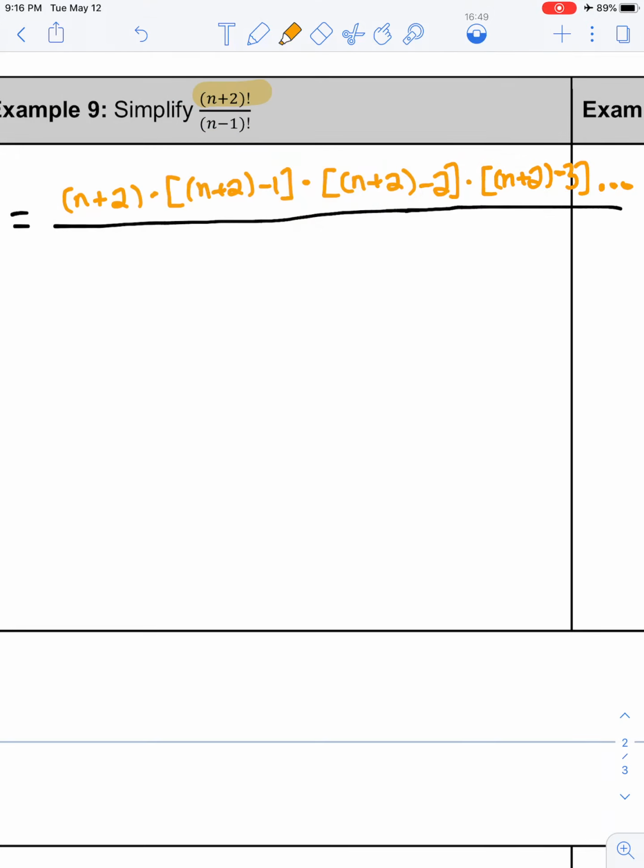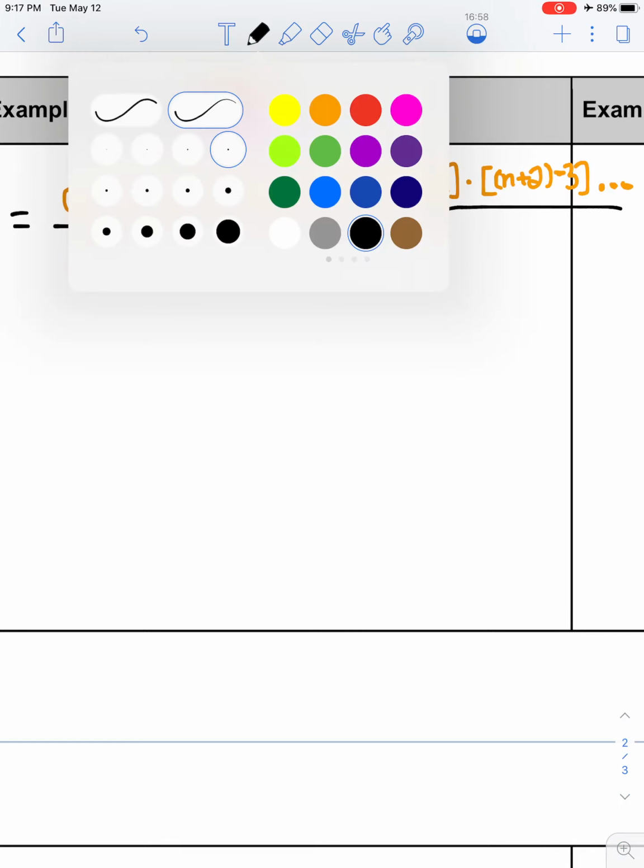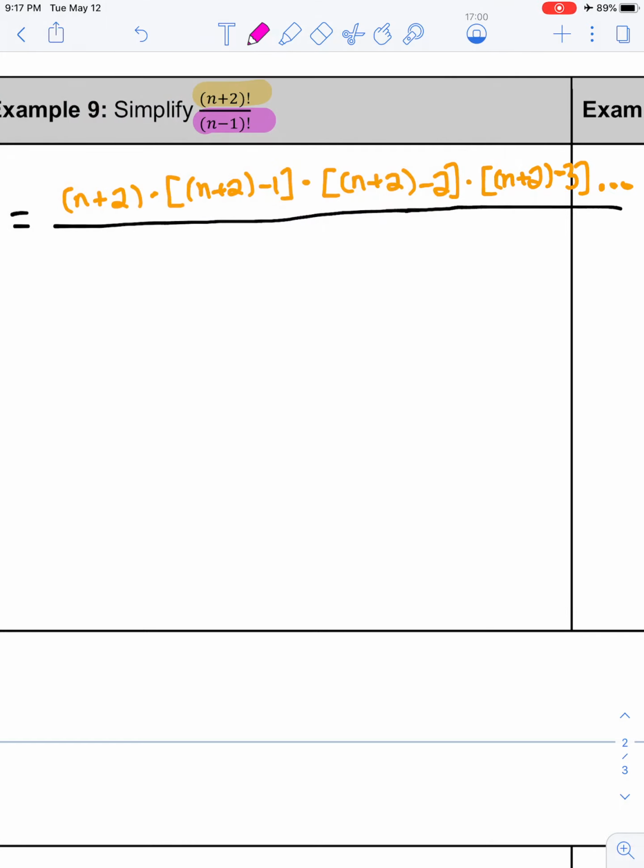We're seeing something similar in the denominator. But here, instead of starting at n plus 2, we're going to start at n minus 1. So I take n minus 1, and I'm going to multiply that by n minus 1 minus 1. I'm decreasing that next factor by 1, so I have to take 1 away.